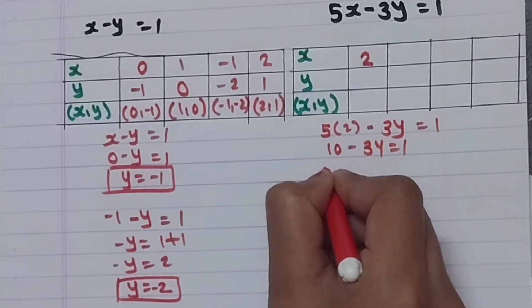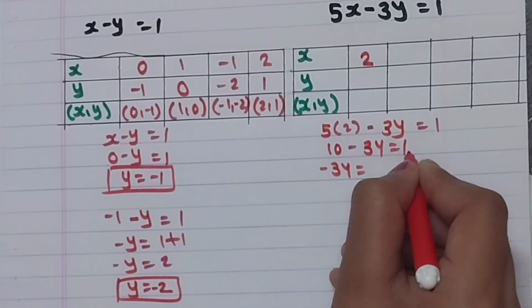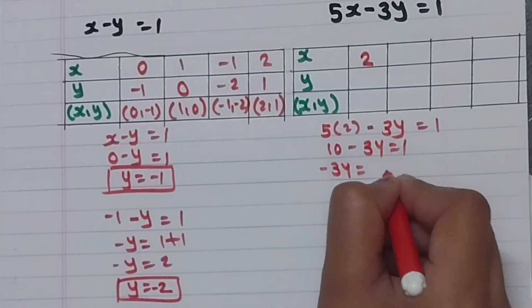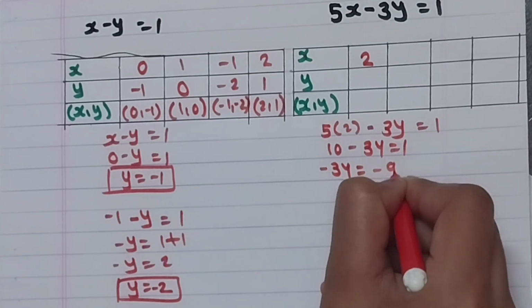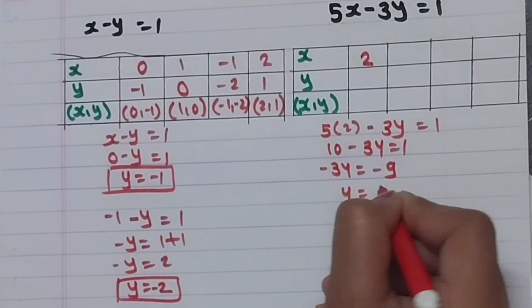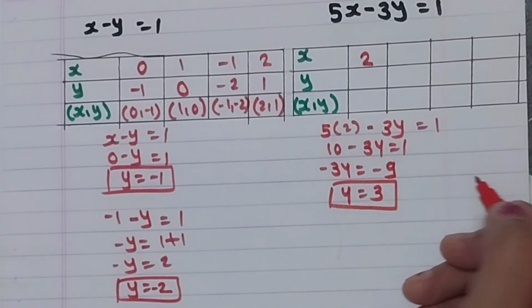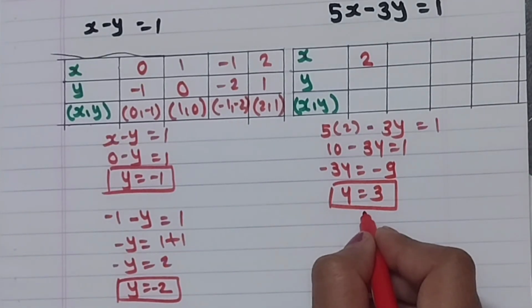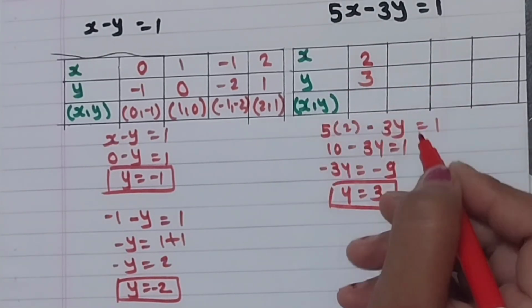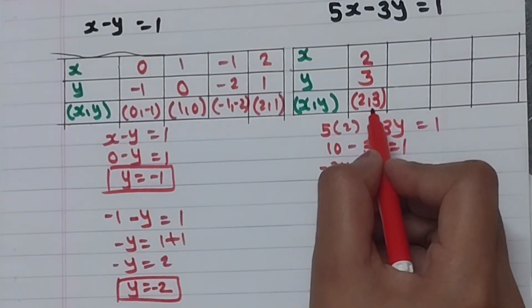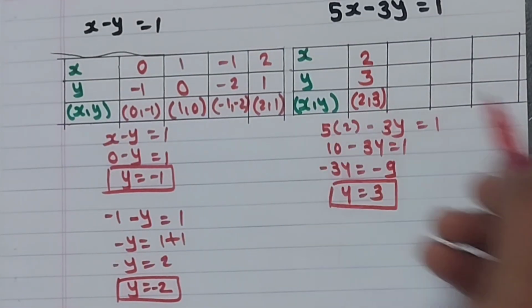So minus 3y is equal to 1 minus 10, we will get -9. So y is equal to 3 we will get. So here we write y is equal to 3 and the coordinate is 2, 3.